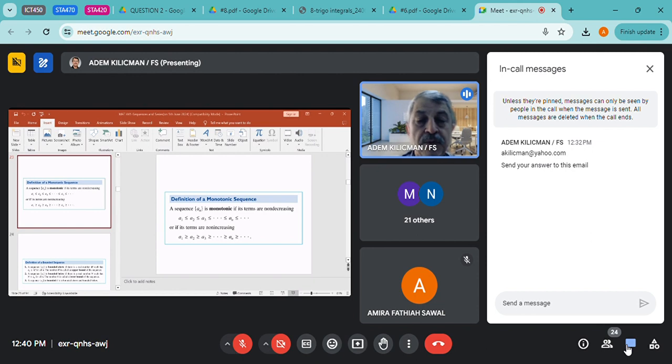Keep this one in your mind. A_n is bounded by M for all n. There is no exceptional case. All of them, I mean, A1 less than M, A2 less than M, A3 less than M, AN less than M. AN plus 1 is less than M as well for all n. So we call that number the upper bound for the sequence.